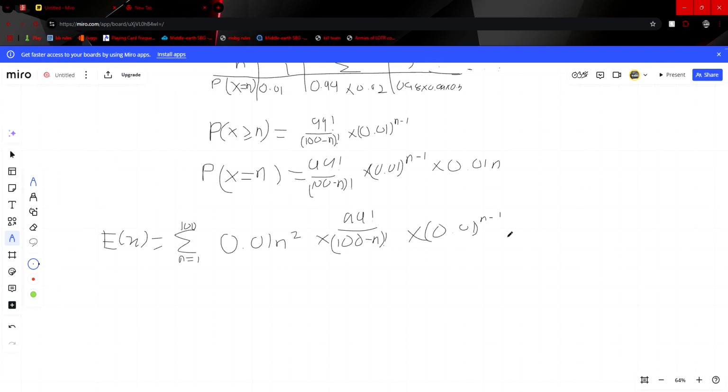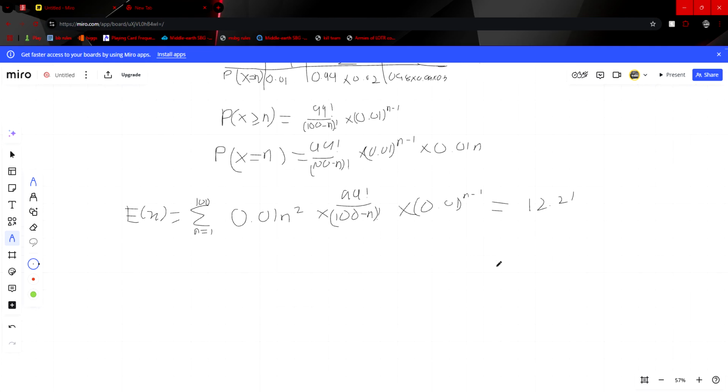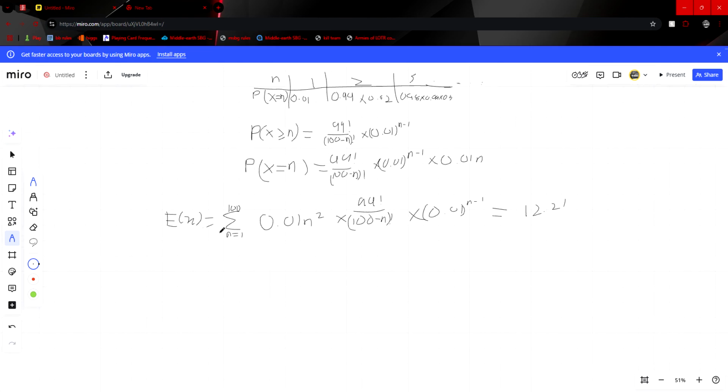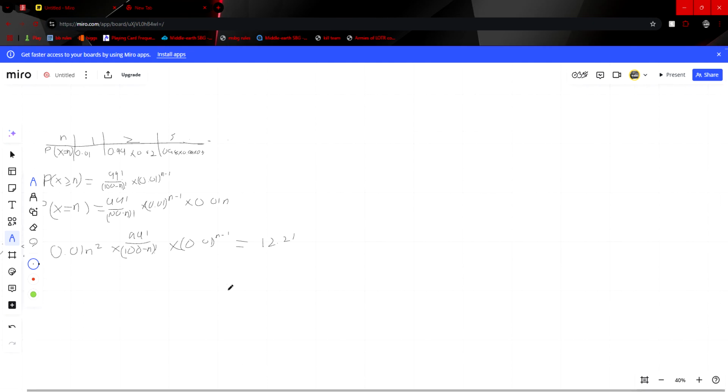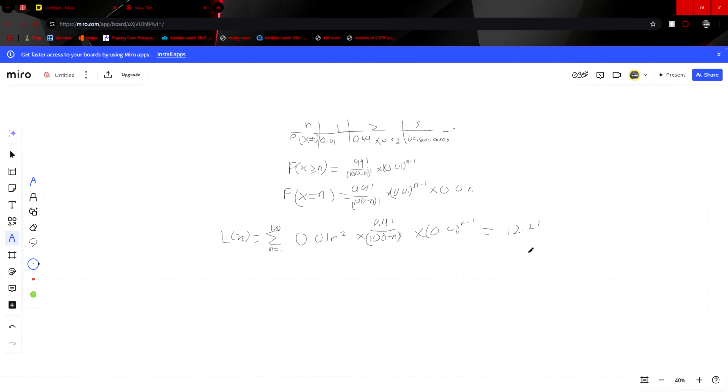And I can tell you that that is 12.21 by computation. Or, I mean, finding other ways, but just doing that sum via computers is what I did, quickest. So now we have the expected value, so that's how many clicks we get per turn roughly.